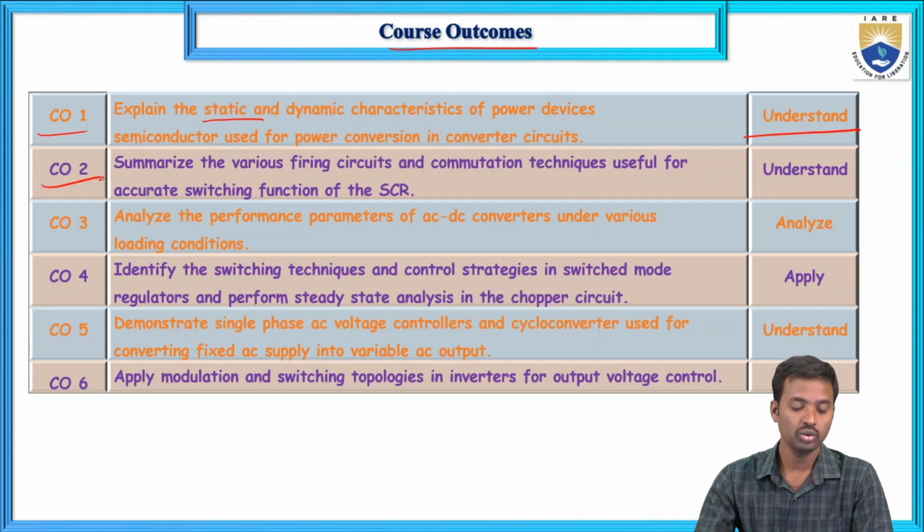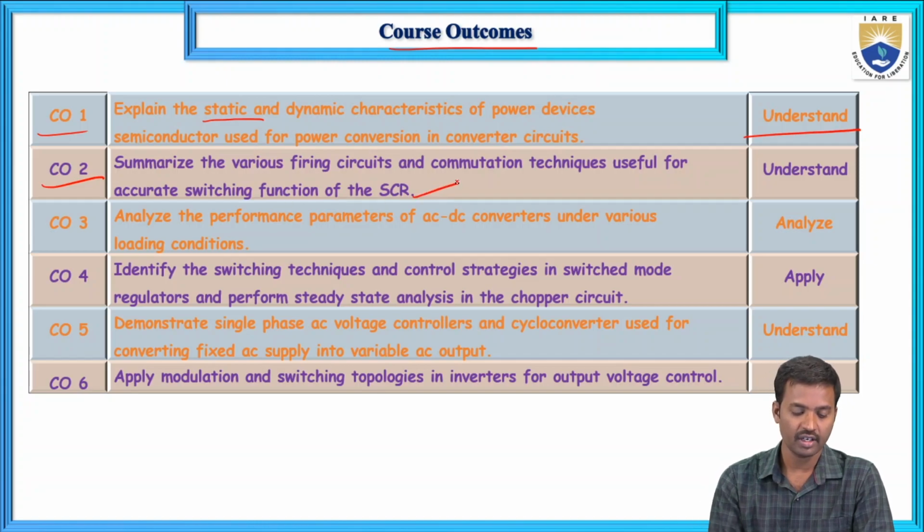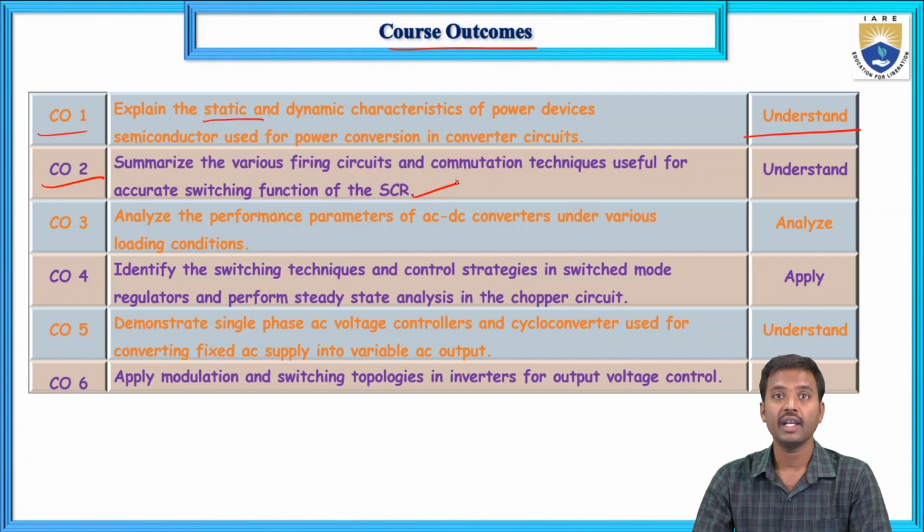Course outcome 2 is to summarize the various firing circuits, commutation techniques, and turn-off techniques useful for accurate switching function of SCR. Third is analyzing the performance parameters of AC to DC rectifier converters under various loading conditions, R load and RL load. This Bloom's taxonomy level is analyze. Course outcome 2 is understand.